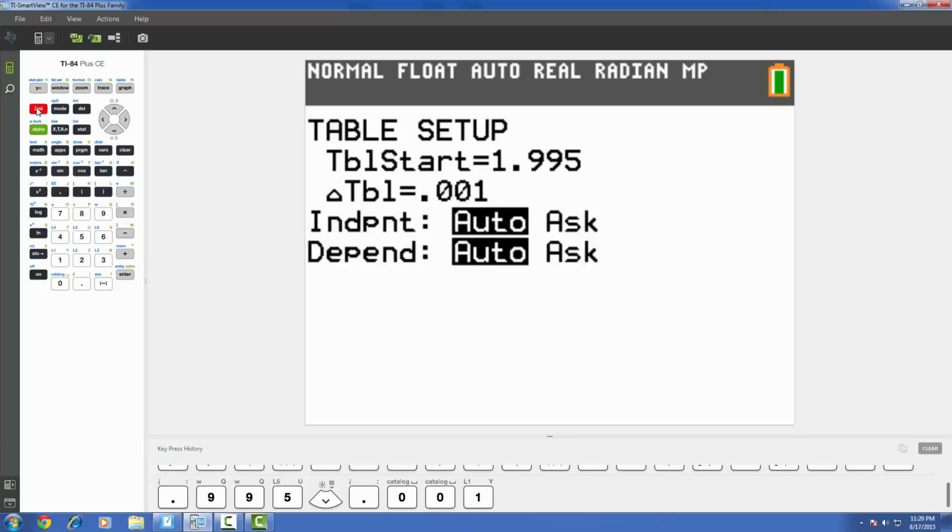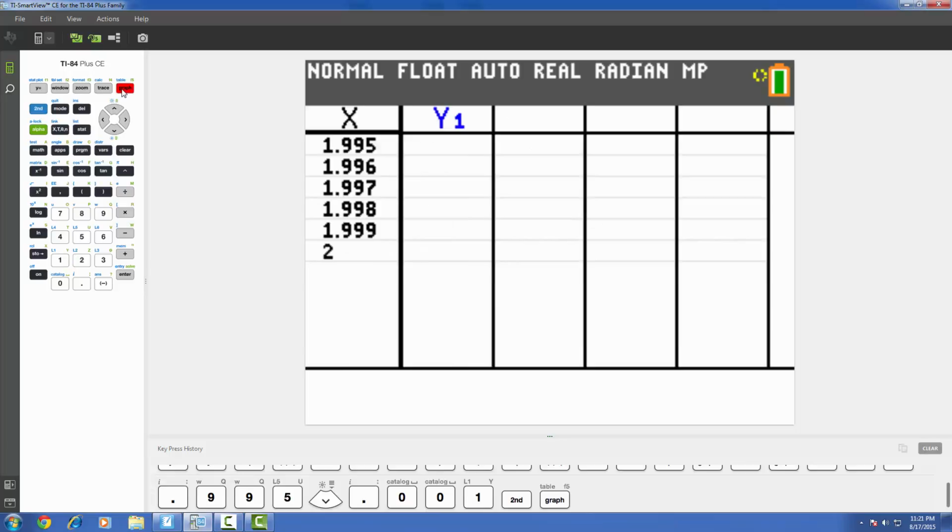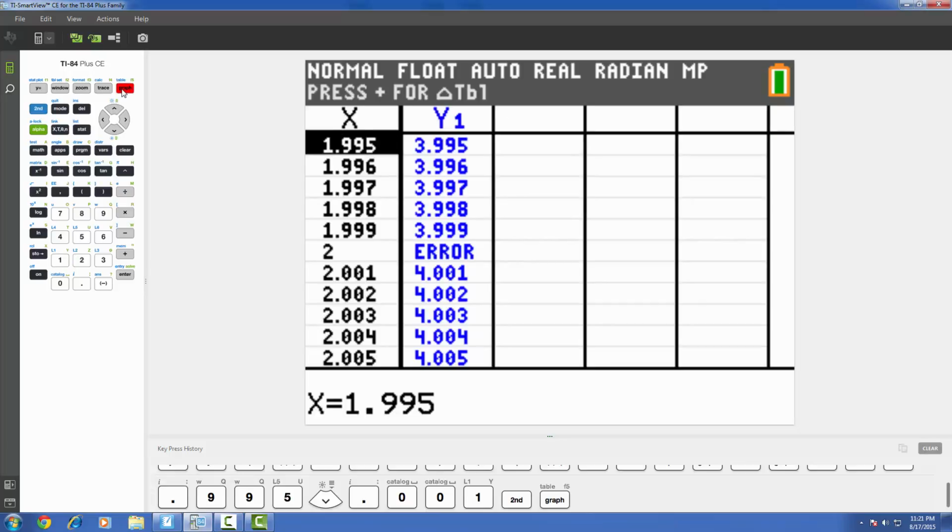Now if I hit second table, let's see our table. Here we started at 1.995, and that gave us a y value really close to 4. Getting even closer, we end up with 1.996, also really close to 4.